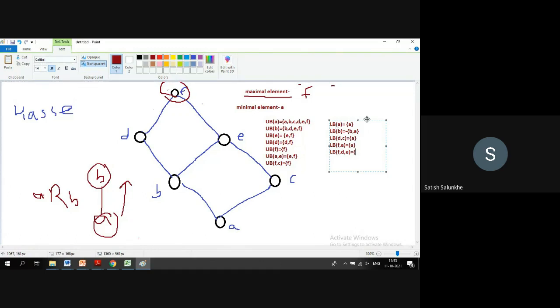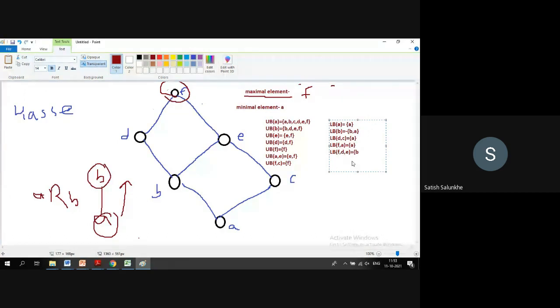Here we want to find those elements which are related to F, D, and E, all these three elements. Of course, B is related with E, B is related with D, and B is related with F via D and E also. So B is an element of the lower bound.